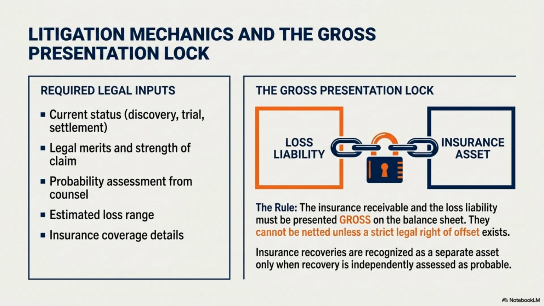You can only offset them if a strict legal right of offset actually exists, not just an expectation that insurance will pay. And recognize the insurance receivable only when recovery is independently assessed as probable. That is its own probability analysis, entirely separate from the assessment of the loss itself.